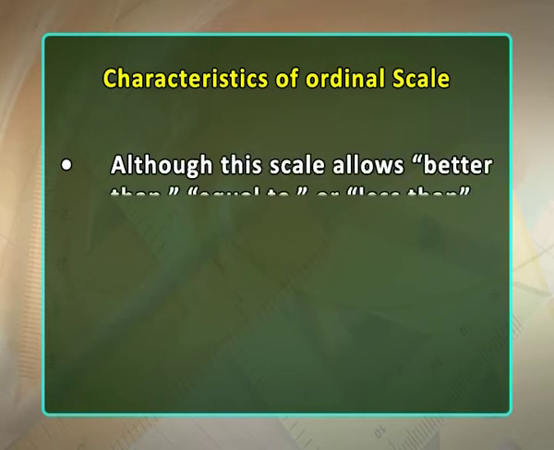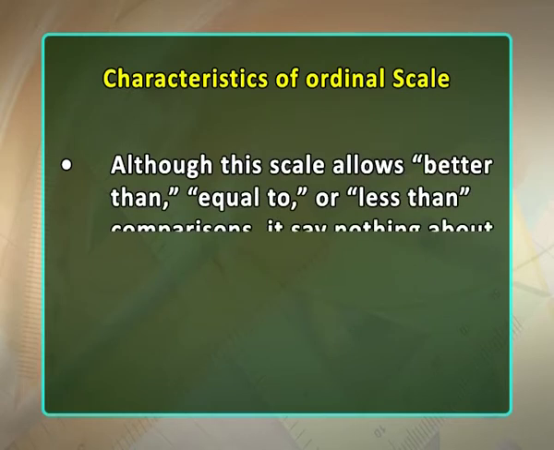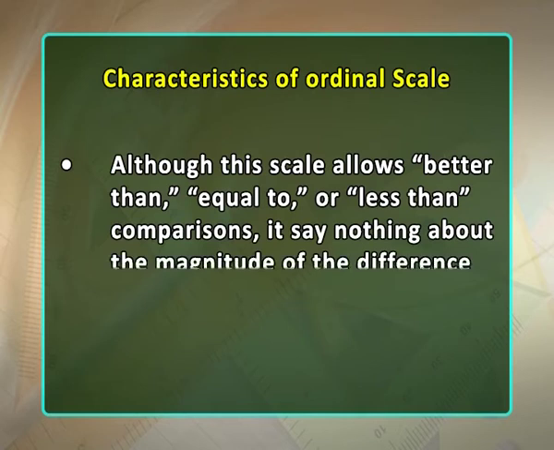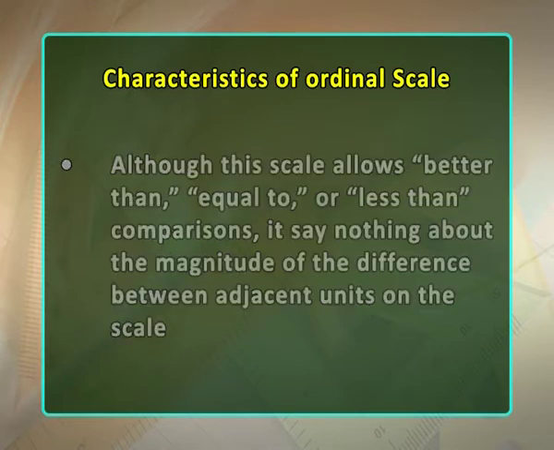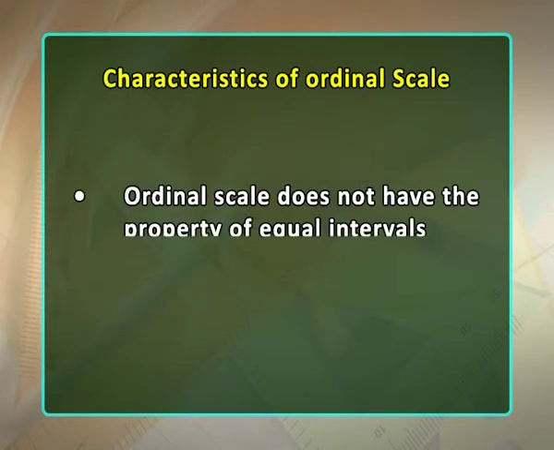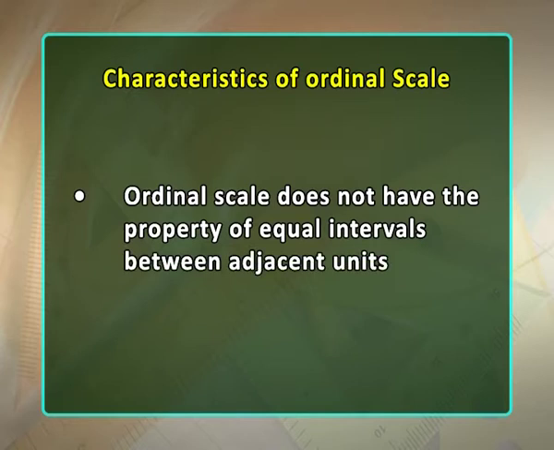Fourth, although this scale allows better than, equal to, or less than comparisons, it says nothing about the magnitude of the difference between adjacent units on the scale. Fifth, the ordinal scale does not have the property of equal intervals between adjacent units.